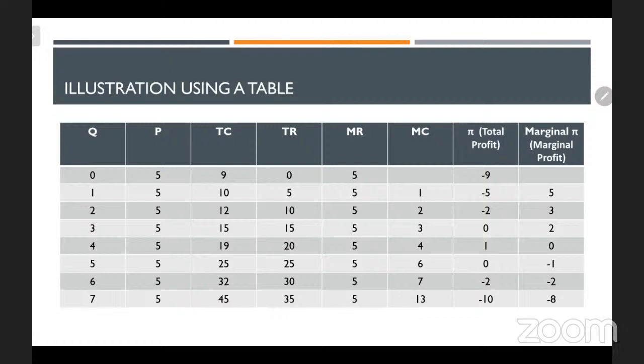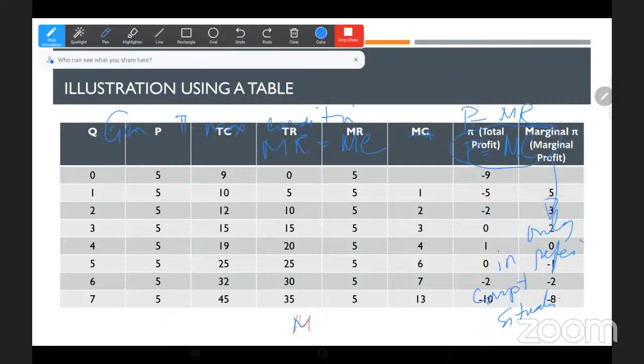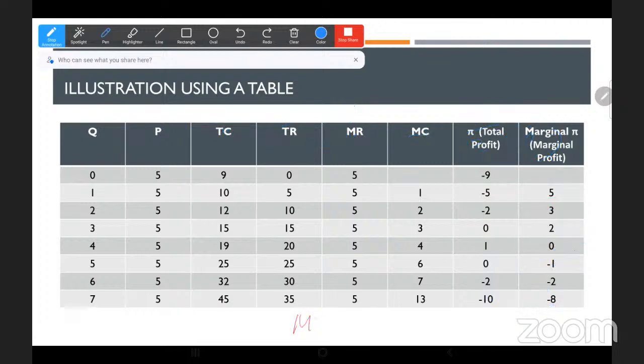Okay, at ang sabi doon, it is at the point wherein the price or marginal revenue is equal to marginal cost.